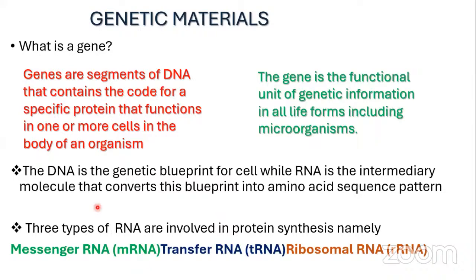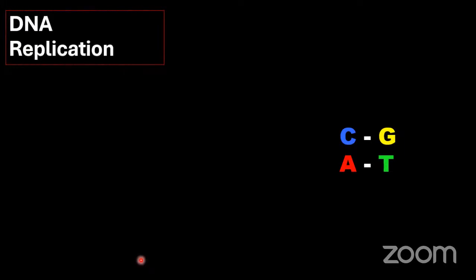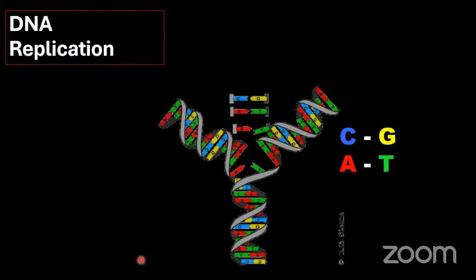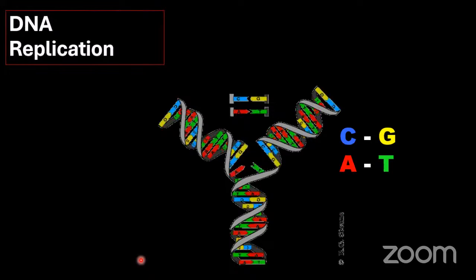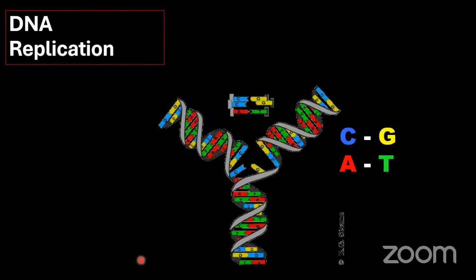Next, we are looking at DNA replication. DNA replication is an important aspect in the cycle of every organism. It is the point at which the organism needs to divide.